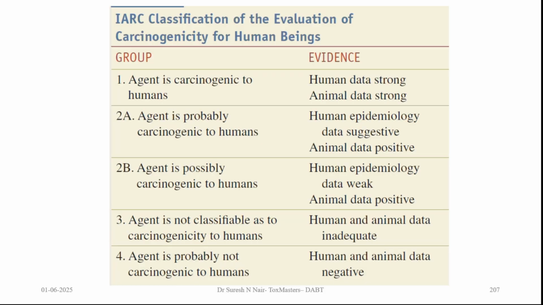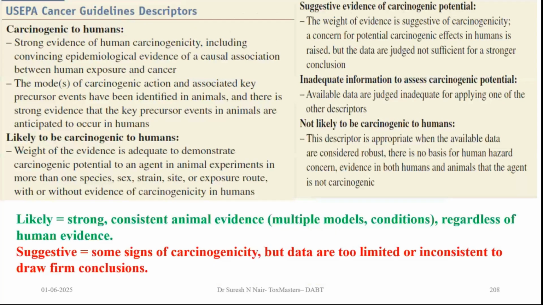Okay, so this is the IARC classification as given in the textbook. And I mentioned two terms: one is likely and the second is suggestive, that is 2A and 2B. Likely means strong, consistent animal evidence occurring in multiple models and conditions, regardless of the human evidence. Suggestive evidence means some signs, not fully confirmed, but more work has to be done to classify it as likely or potentially a class 1 group.